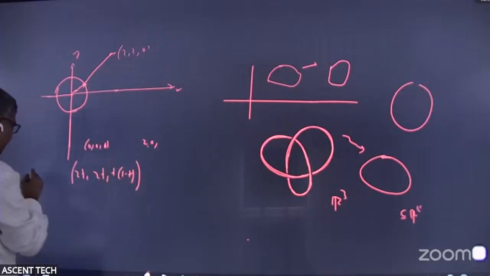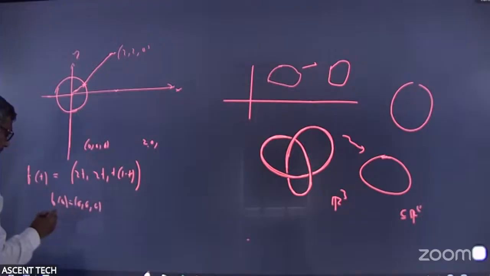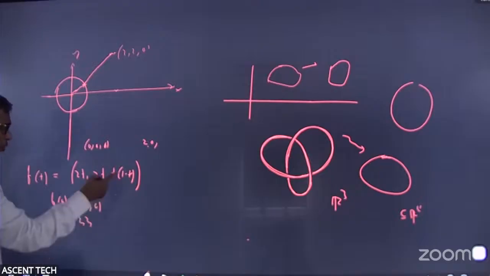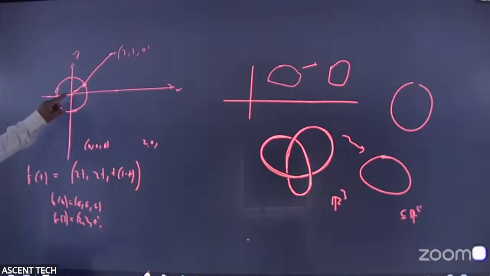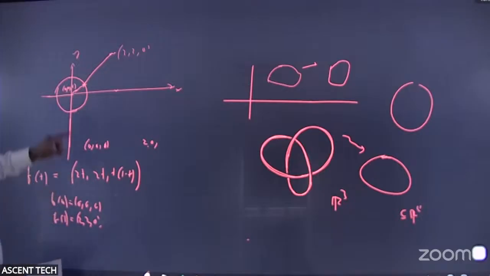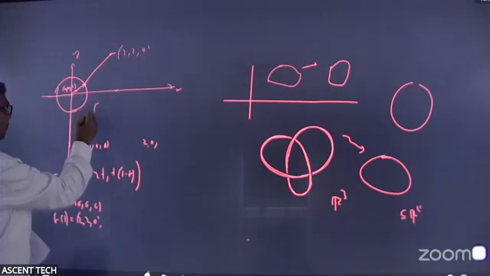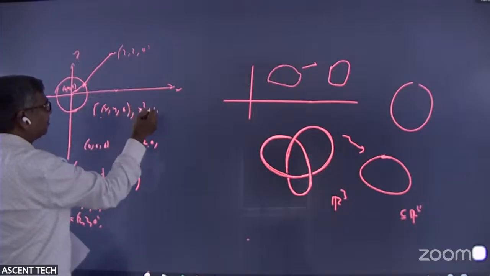If you look at this transformation f of t, initially when t equals 0, it is 0, 0, 0. Finally, when t equals 1, it is 2, 2, 0. Yeah, I've gone from 0, 0, 0 to 2, 2, 0. And you know what? This circle is the set of all x, y, 0, where x squared plus y squared equals 1.